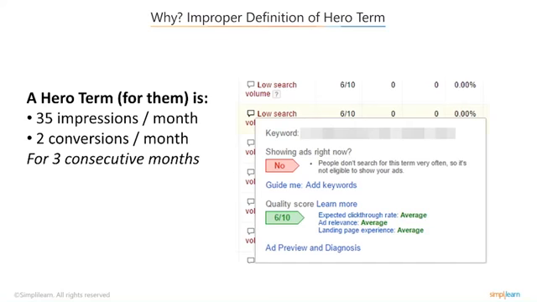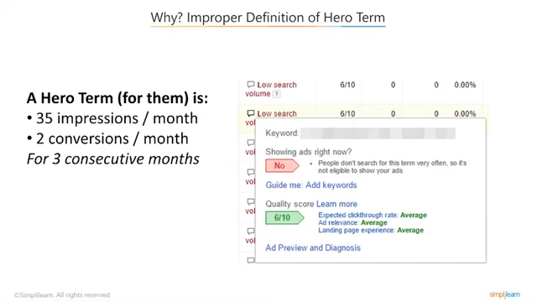What they need to do is say, all right, we need to add this keyword to our managed campaign only when we're not going to run into low volume problems when we add them. So they defined what this term should be. Instead of saying we add any keyword with a conversion, we say if it's got at least 35 impressions and 2 conversions a month for 3 consecutive months. Now we know it keeps converting and it keeps having enough impressions, it will consistently show.